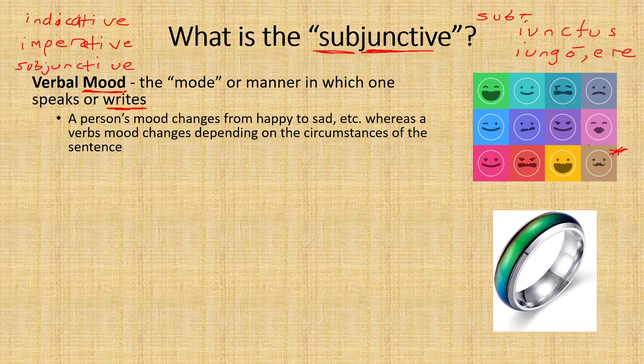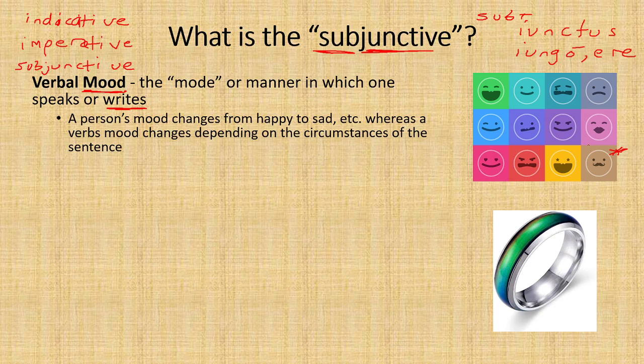Another way of illustrating it is with a mood ring. I'm not sure if you all are familiar with this concept, but you can use a mood ring, and it supposedly or purportedly can tell you what your particular mood is for that day, based off your body temperature, I think is the way it works. But either way, a person can have a mood in the same way that a verb can also have a mood.